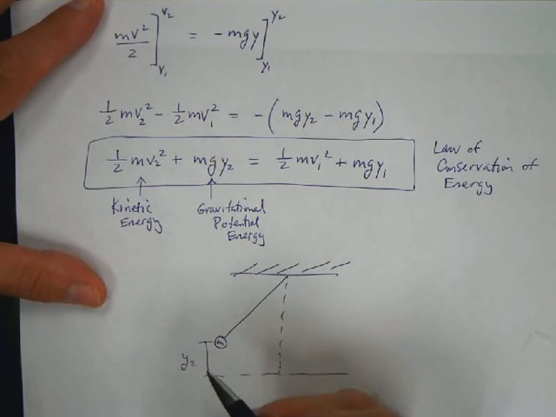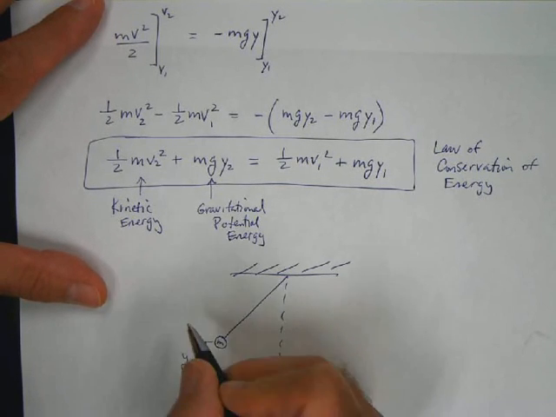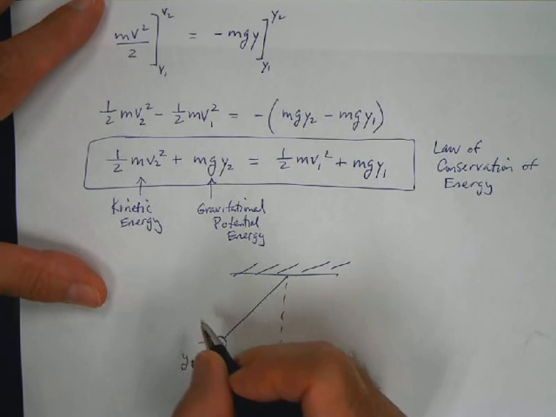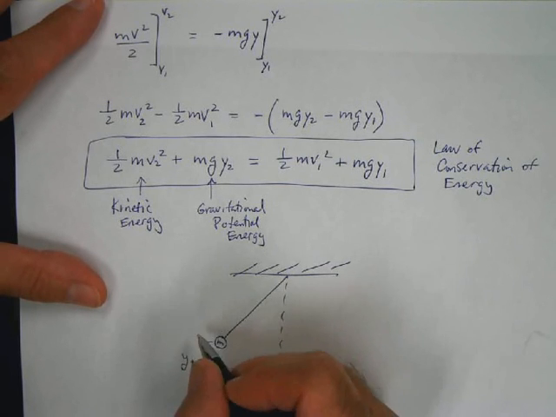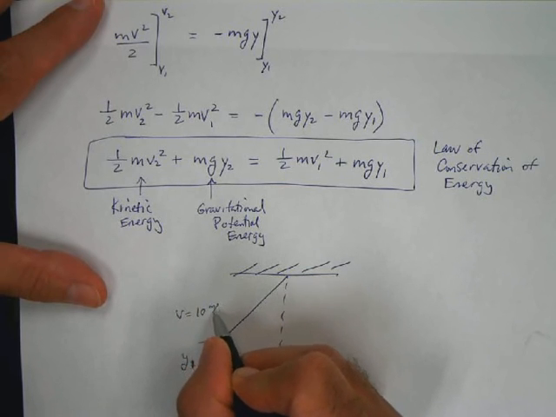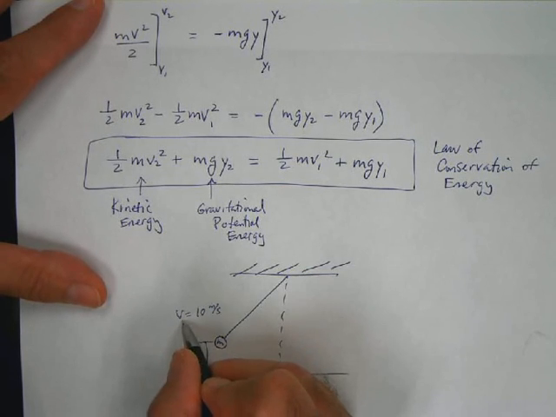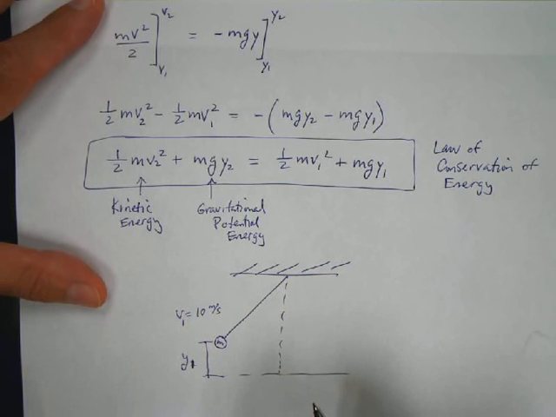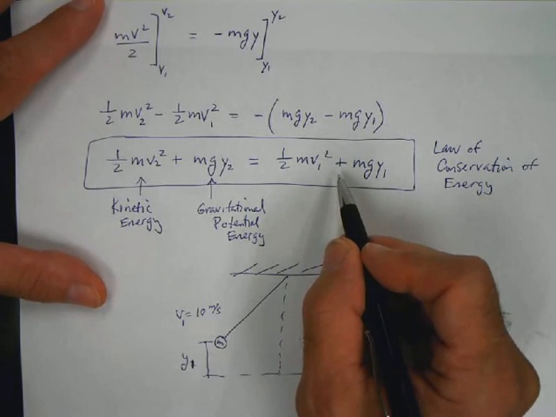Okay, and it has a mass of m. Or let's call this 1 here, y1. Okay, let's say the velocity at this point is 10 meters per second. We'll call that v1.